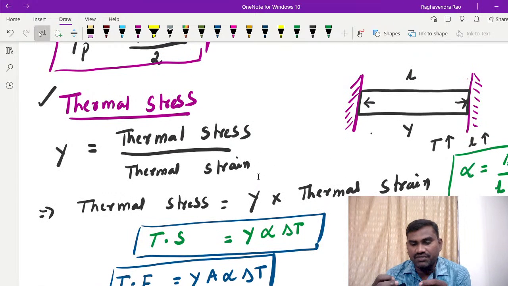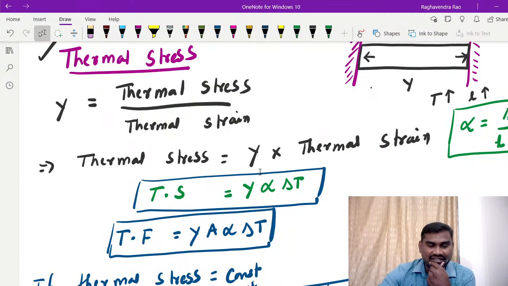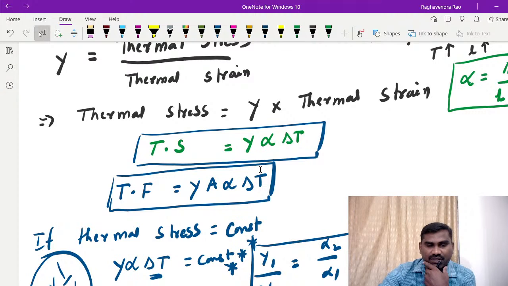So this is regarding thermal stress. Thermal stress will apply on those two rigid supports because of this wire, because of the change in temperature. Thermal stress is equal to Y alpha delta T, and force by area is nothing but stress.